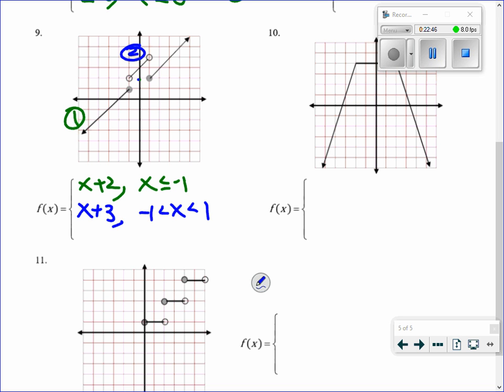Make sure you're writing that as an and statement there. And then your last piece, what's our equation for our line in the last piece? Yeah, so you have x plus 1, and it's when x is what? Greater than or equal to 1.